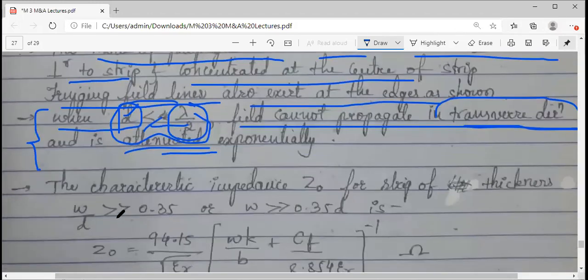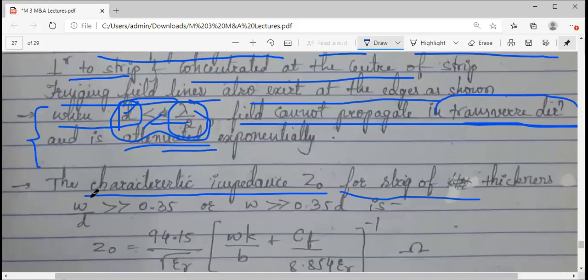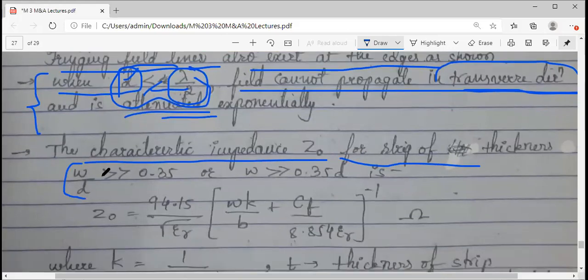Okay. Now coming to the characteristic impedance Z0 for the strip, the condition is W by D should be very much greater than 0.35. So this is an important condition when you go for problems. So W by D should be greater than 0.35. If you have a negligible thickness, you have one more formula.